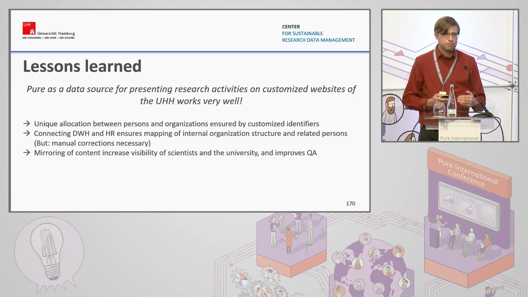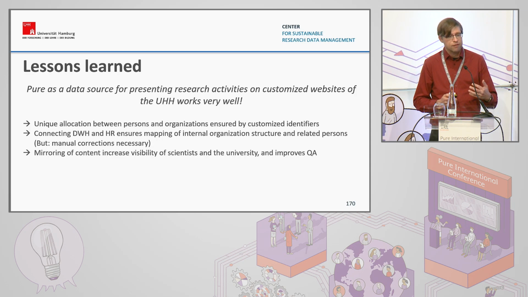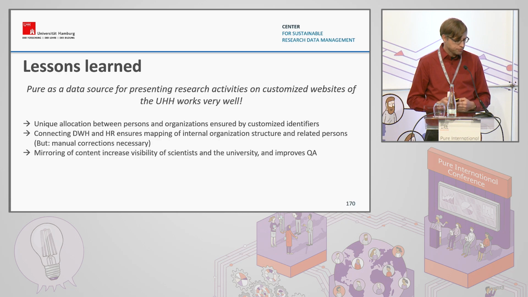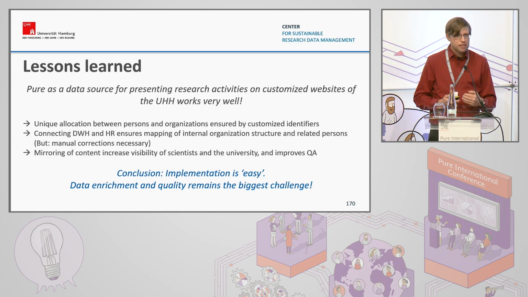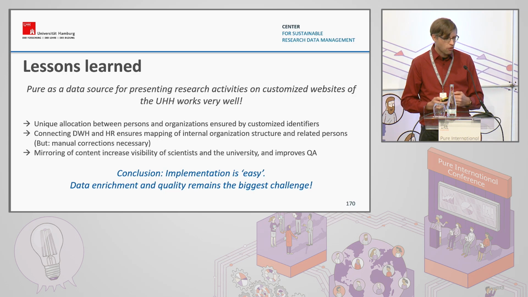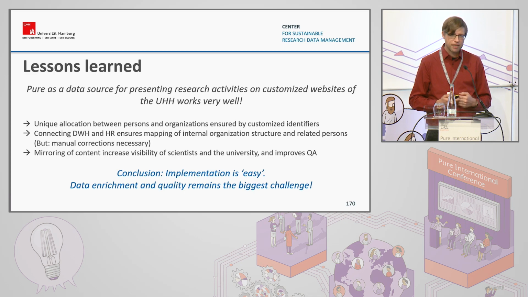And by presenting the content on public websites, we're forcing a feedback, and this is our approach to increase the data quality. To say it briefly, the technical implementation is easy, but the data enrichment and also the data quality remain really the biggest challenge for us. So we have to say it really often, and we have to school the users, and that's what we can do.